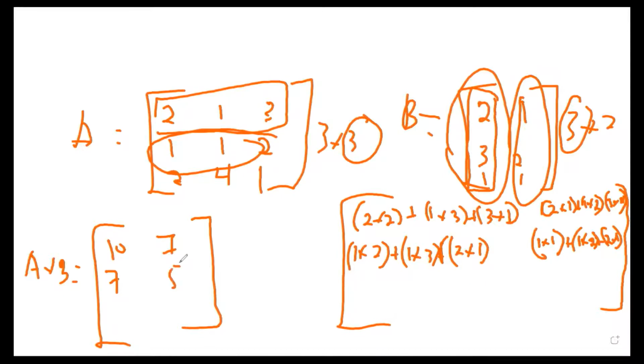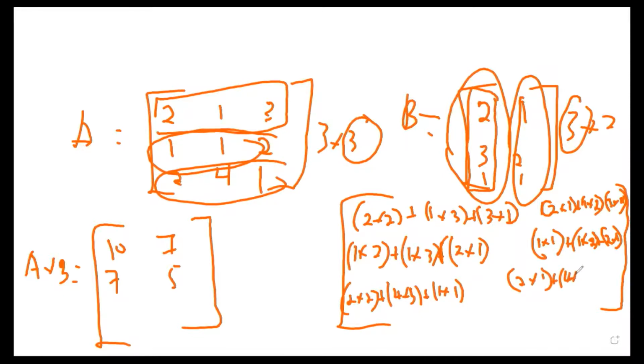Then the last row on those 2 columns. So I'm going to have 2 times 2, plus 4 times 3, plus 1 times 1. Then the next one, I'll have 2 times 1 plus 4 times 2 plus 1 times 1.